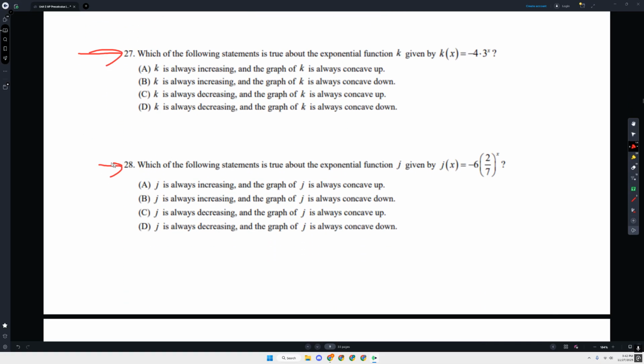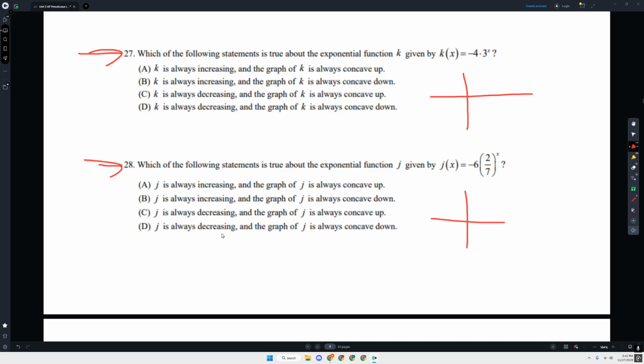27 and 28. I'll put a poll for this real quick. And these are similar to just graphing.